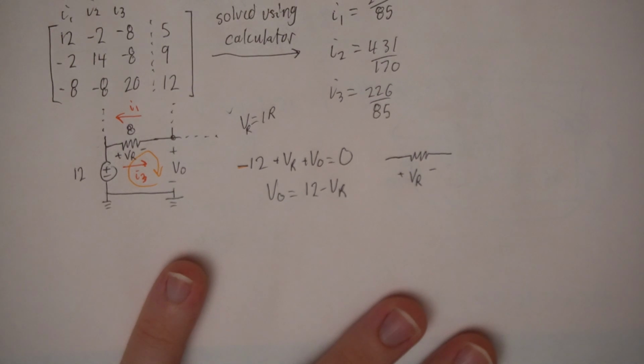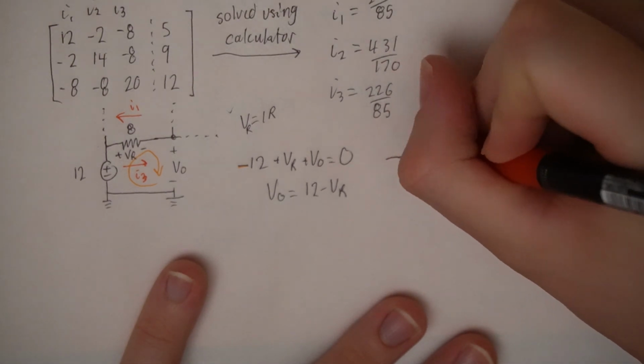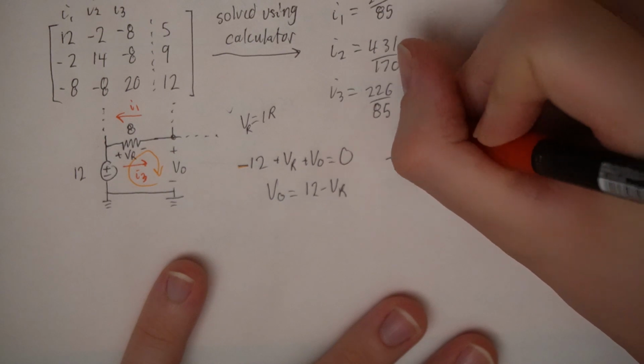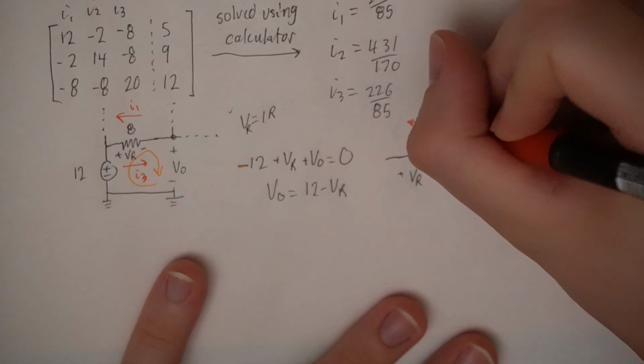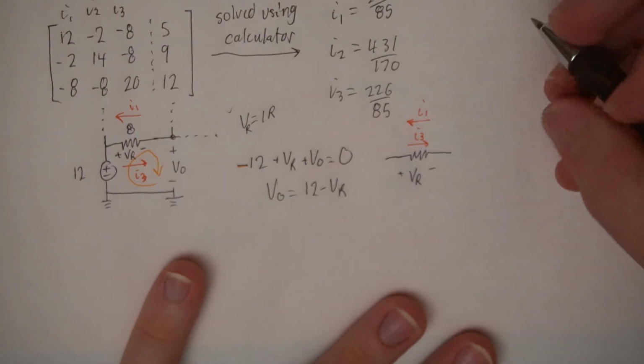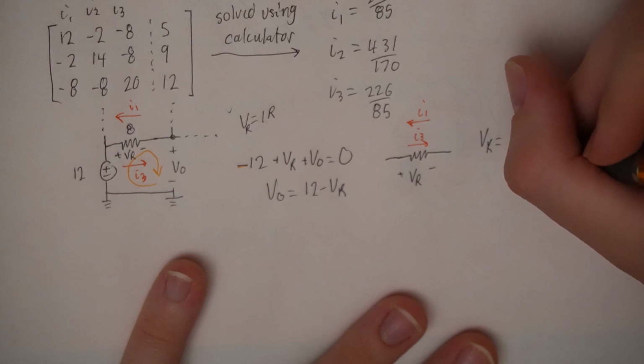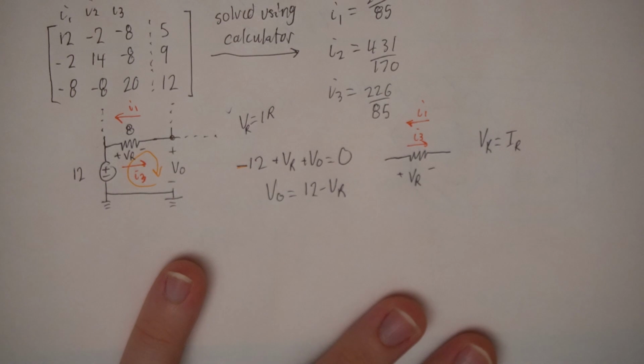I could have picked the other direction, that's fine. But through this resistor, there's currents I3 and I1. Now, from Ohm's law, we know VR will equal the current through the resistor, IR.